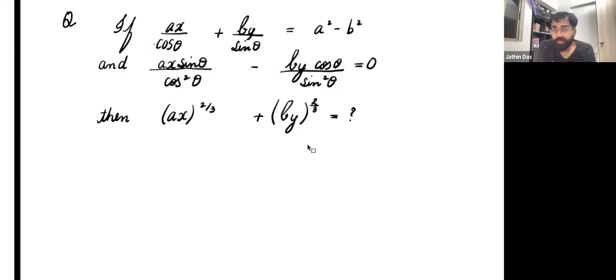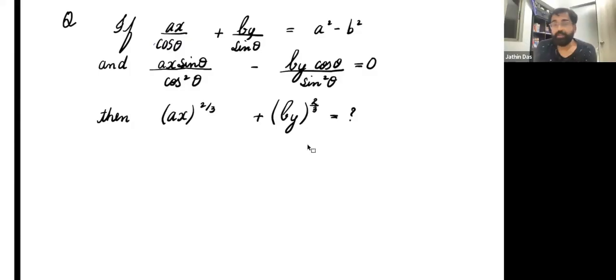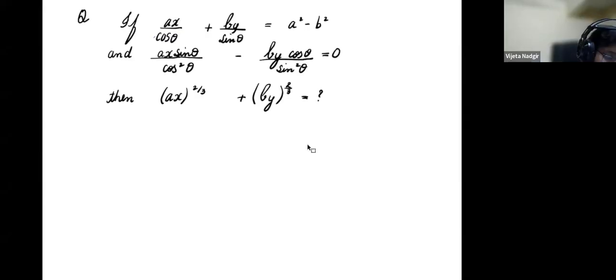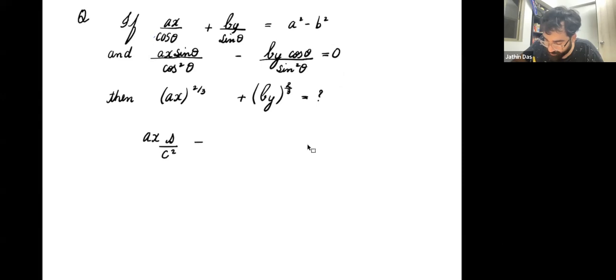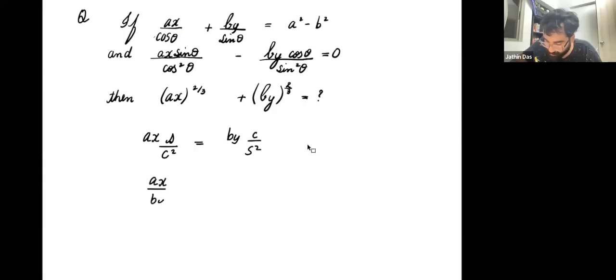You're getting? From which equation did you start? The second one. Correct. I took it as ax by cos theta minus b by sine theta, and it is equal to b by cos by sine square. Correct? And I cross multiplied. So what do you get?